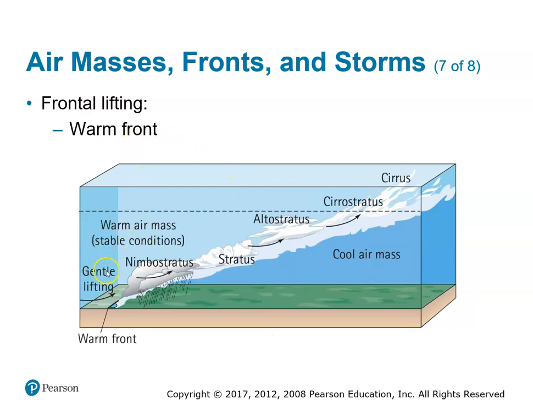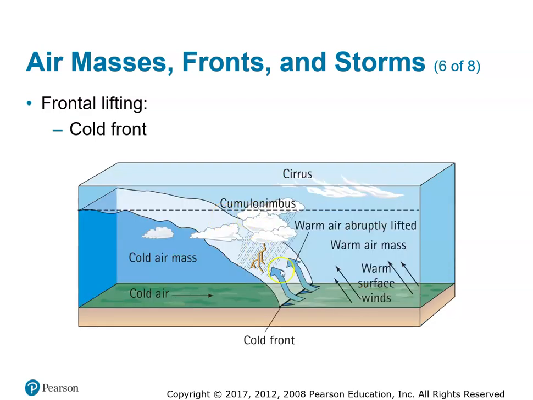For a warm front, the warm air is rising, but in a much more stable condition. It's rising gently, not at such a great angle like it did here. This one is rising very, very rapidly, usually unstable air rising.